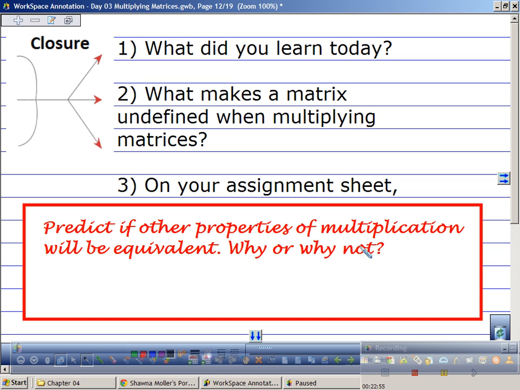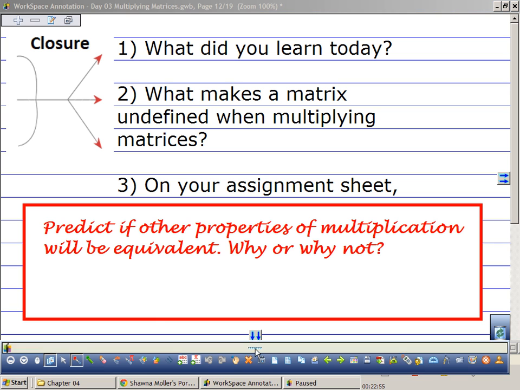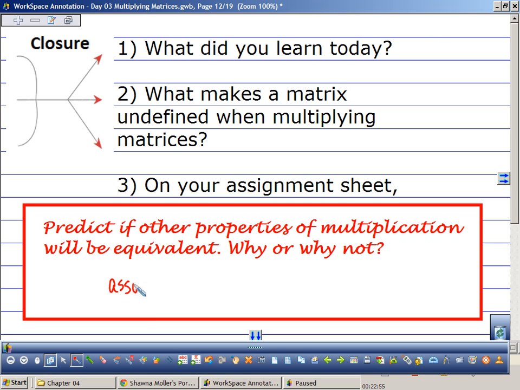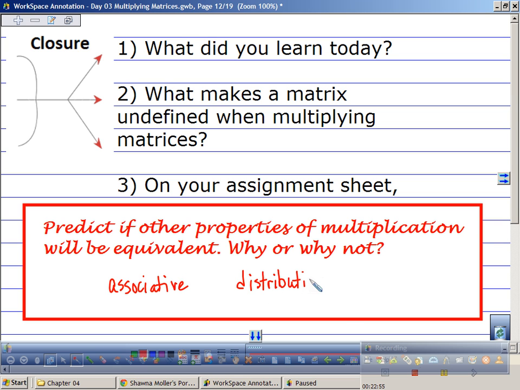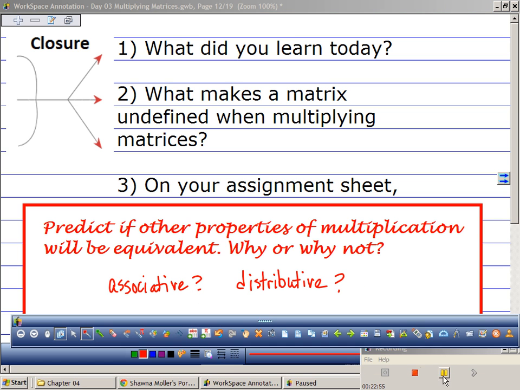Write a prediction. What are the other properties? Associative and distributive. Do you think they're going to work? Predict. All right, good job, guys.